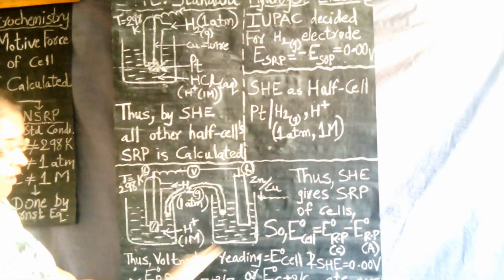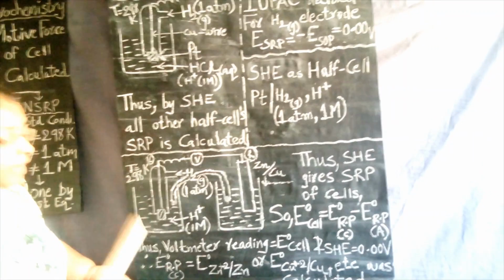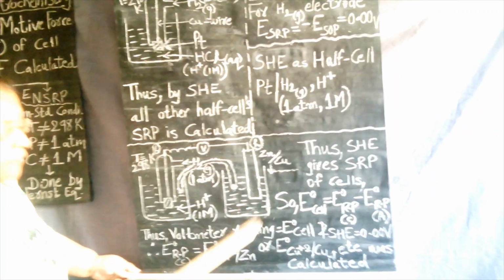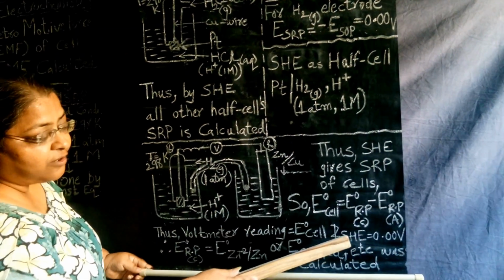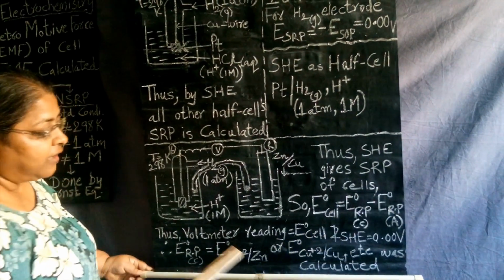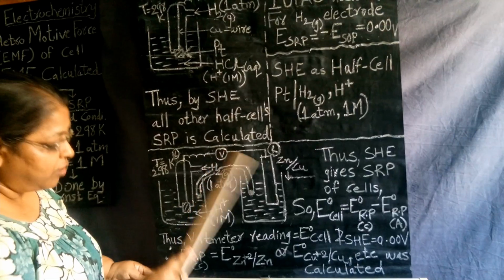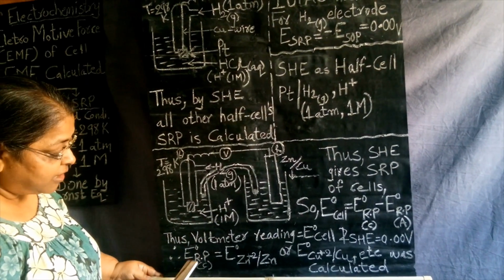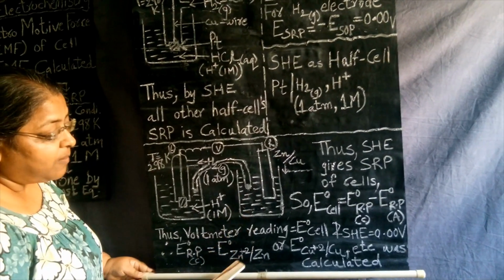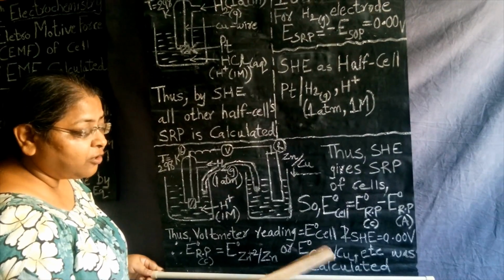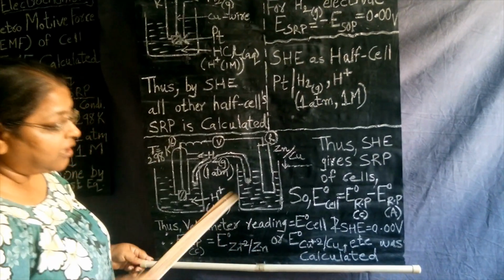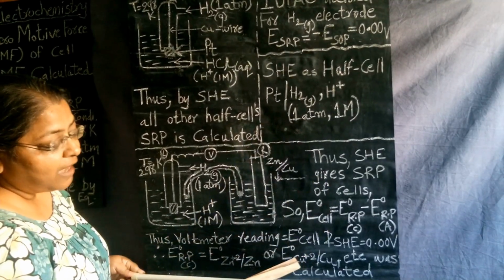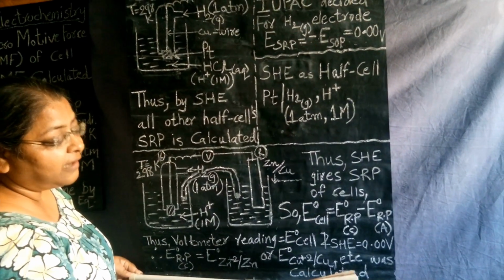If the voltmeter reading is of the cell and the hydrogen electrode is 0.00 volt, then whatever reading is given by the voltmeter will be the reduction potential of the cathode. Maybe zinc electrode, maybe copper electrode or any other electrode, and thus the values of all other electrodes were calculated.